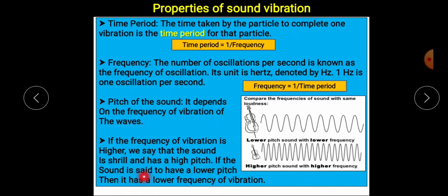If the sound is said to have a lower pitch, then it has a lower frequency of vibration. That means in 1 second, the sound is vibrating only a few times, so the sound is said to be low pitch, like when we thump on the desk, this sound has low pitch.